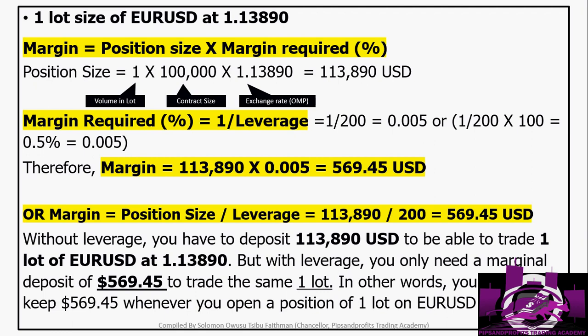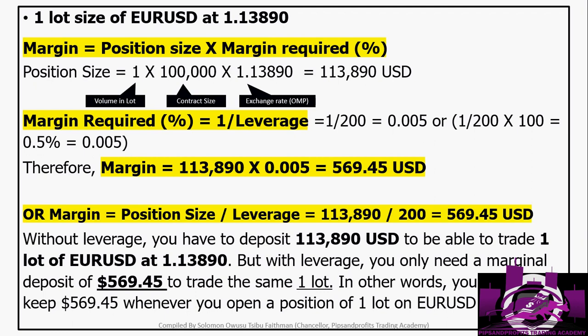Our position size is 1, and our contract size, taken from our contract specification, is 100,000. So 1 times the 100,000 becomes our position size, times our OMP.